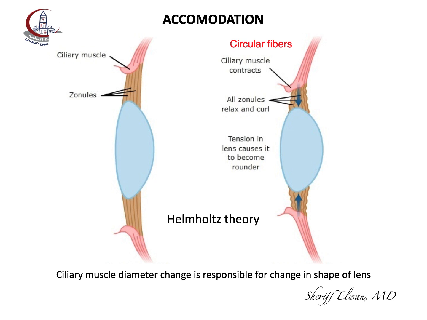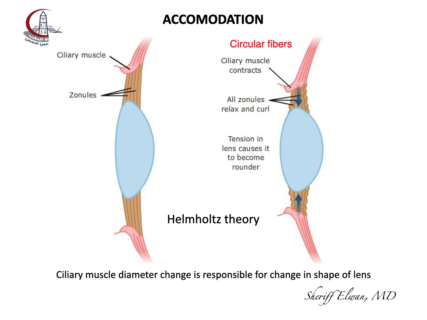Now, understanding the anatomy of the crystalline lens, the zonule, and the ciliary body, we may briefly go through the theories explaining the phenomenon of accommodation for near. The first is the Helmholtz theory, which states that ciliary muscle diameter change is responsible for change in shape of the lens. Simply, the crystalline lens is described as a bag of elastic tissue with contents of plastic material.